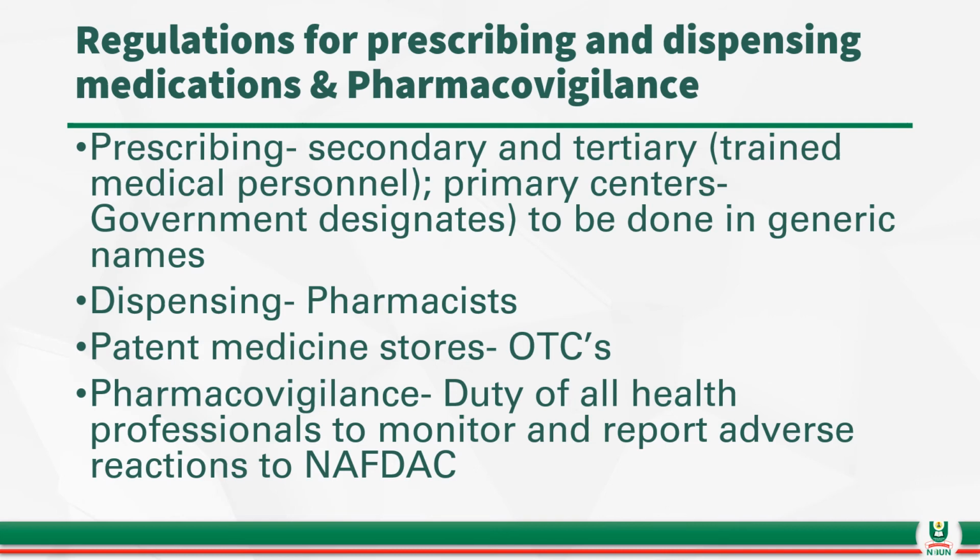At the primary healthcare centers, you have people that are trained by government, called government designates, that should prescribe medications, like the community health officers and the community health extension workers. These are people who are trained and allowed to prescribe medications on the essential drug list. And such prescriptions must be done with generic names of the drugs, not the trade names.